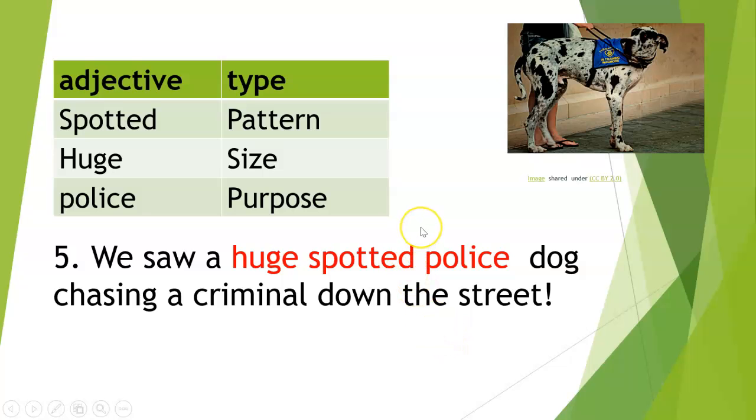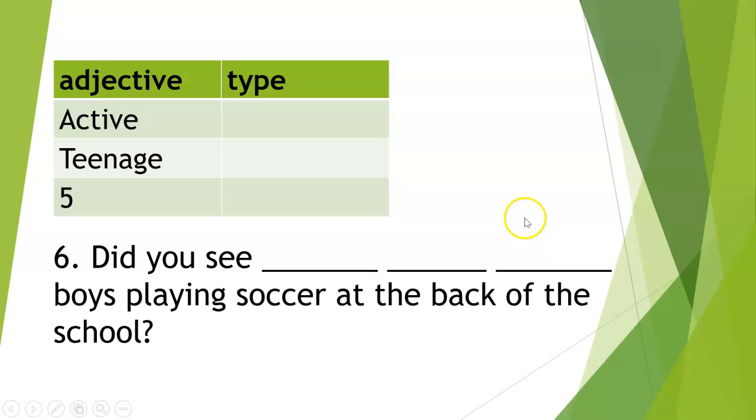Okay, let's move on to number 6. So here we've got active, teenage, and then 5. Did you see blank, blank, blank boys playing soccer at the back of the school? Okay, what do you think for this one? Active, teenage, 5.